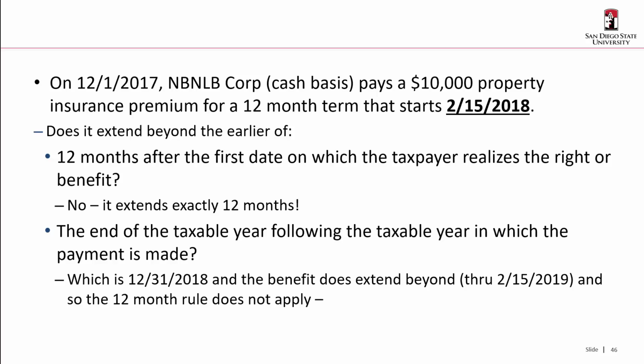As a result, it goes beyond the end of the next tax year, and the 12-month rule cannot apply. Instead, you capitalize and amortize the entire cost, right? So that means you can't deduct. You can't say, well, wait, almost all of it is next year. Can I deduct that part? No. You must capitalize all of it and amortize all of it because it does not meet the 12-month rule.